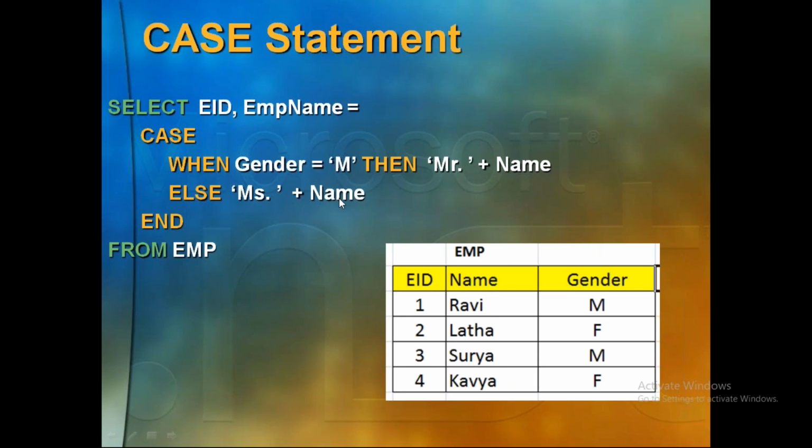Else Miss and a name will get concatenated. This is the simplest way you should be able to display Mr. Ravi, Miss Lata, Mr. Surya, Miss Kavya, something like that. Am I clear? So all these things are pretty much important. So this case statement is very, very important. Employee name here is alias.